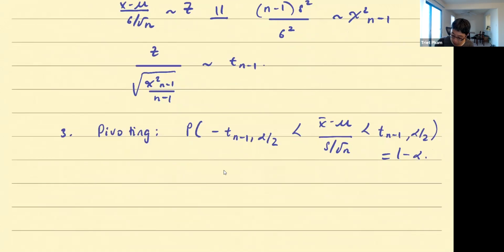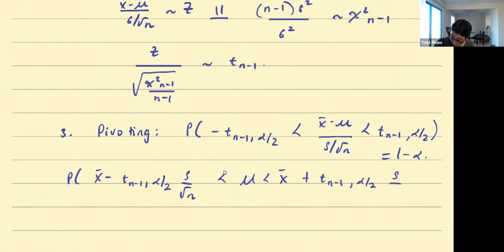And so what we got is x bar minus T n-1 alpha over 2 s over root n, and x bar plus T n-1 alpha over 2 s over root n, with probability 1 minus alpha.